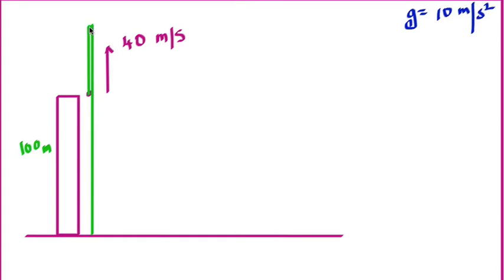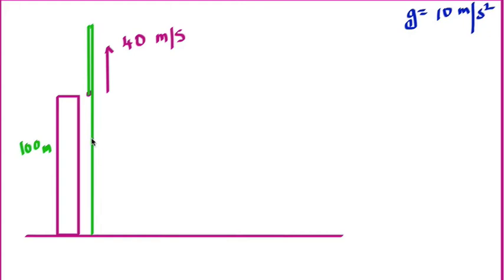When it reaches the highest point, when it's momentarily at rest, even then it is accelerating because the force of gravity has not stopped. And on its way down, its acceleration is again g downwards. So this entire motion going up and down is one of constant acceleration.